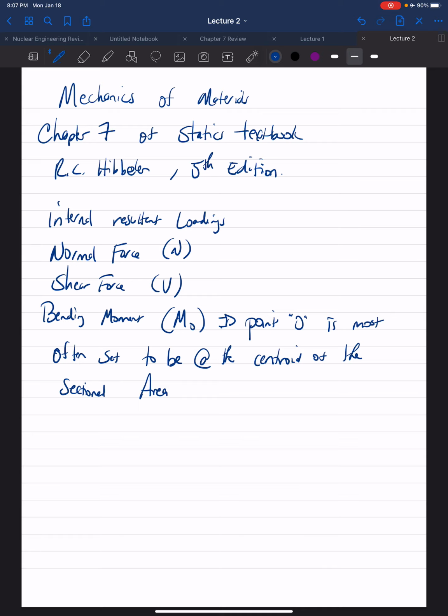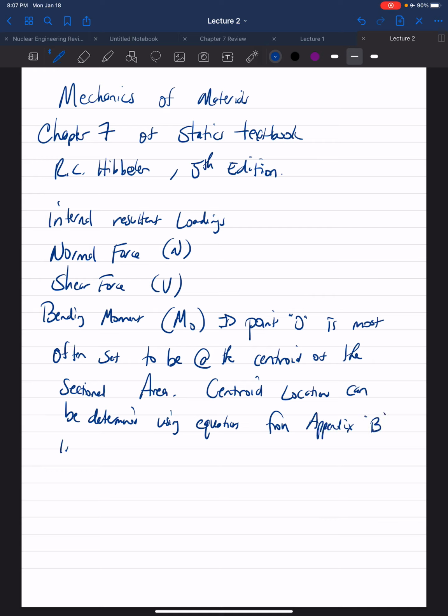And we can get our centroid locations for different shapes from Appendix B, using equations from Appendix B in the text. So we solved some problems related to these internal resultant loadings.